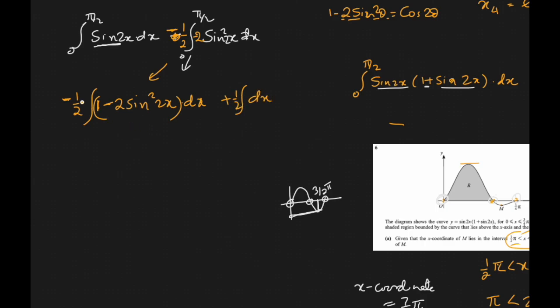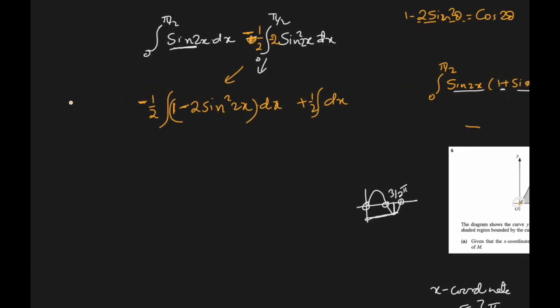To compensate this 1, it is 1 dx actually, but I'm not adding 1 here. So the expression I have to evaluate now becomes the integral from 0 to pi by 2 of sine 2x dx, minus half times 1 minus sine square 2x, and then plus half dx. The integration of sine 2x will be minus cos 2x over 2.